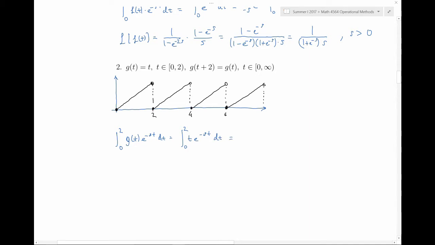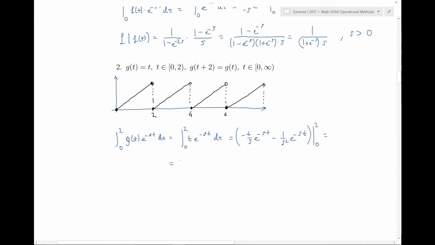The antiderivative is minus t over s e to the minus st minus 1 over s squared e to the minus st. This antiderivative needs to be evaluated from 0 to 2.